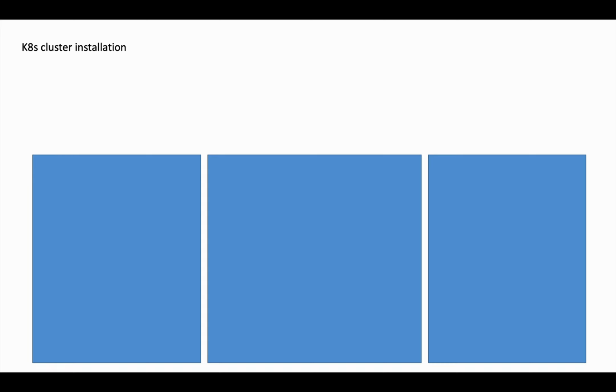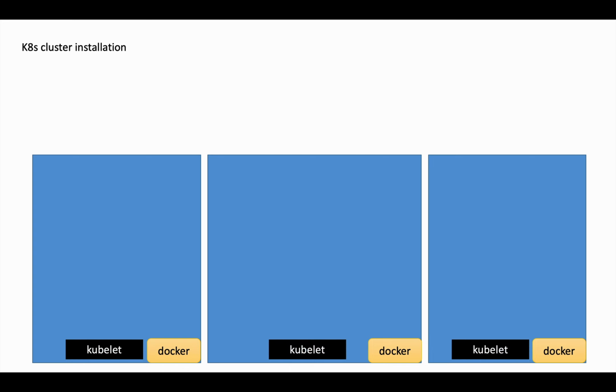for three hosts in advance, and then we should install the container service such as the container runtime, such as the Docker, in these three servers, and install the Kubernetes.